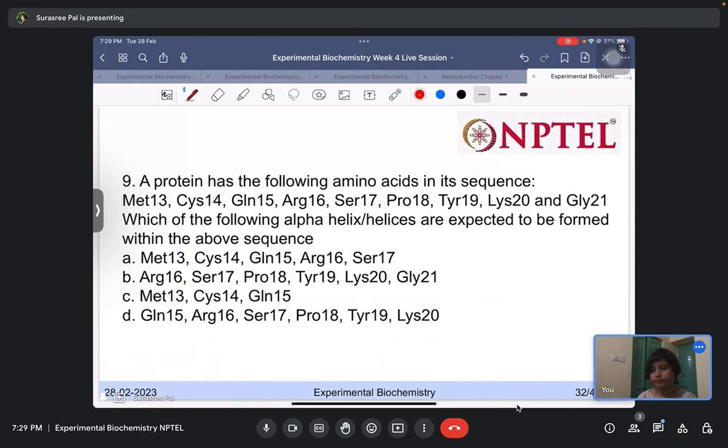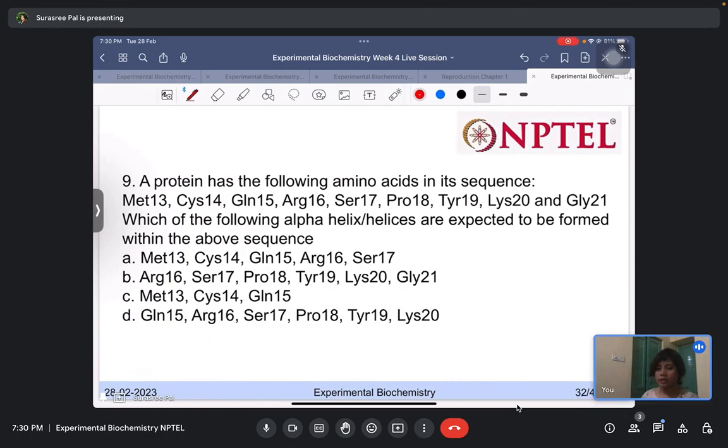Next question. So you have to think about which amino acids are helix formers and which amino acids are helix breakers.